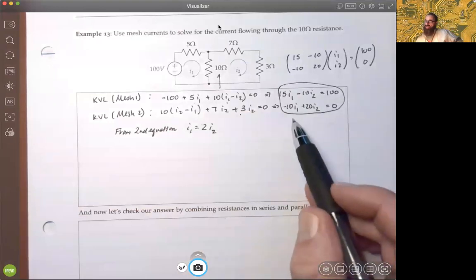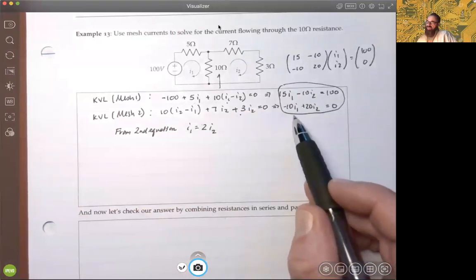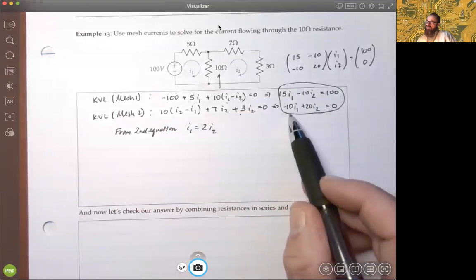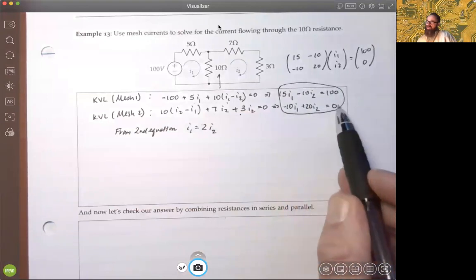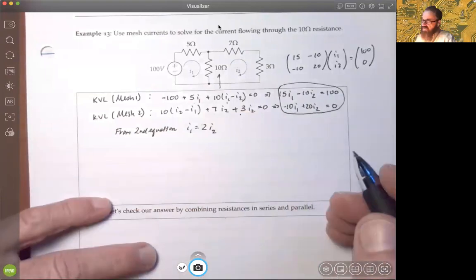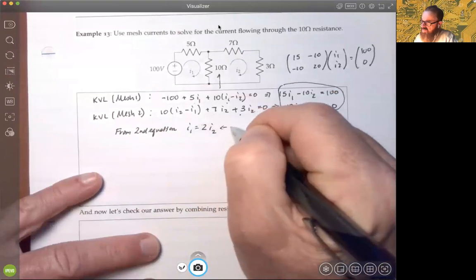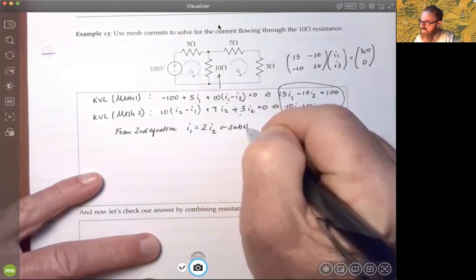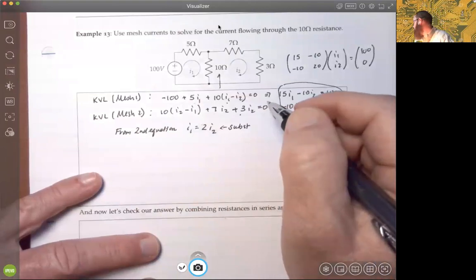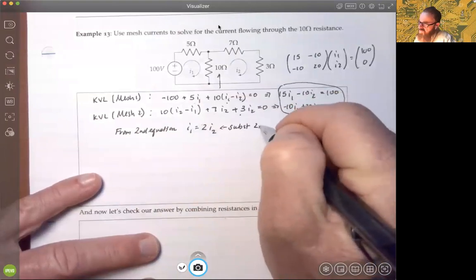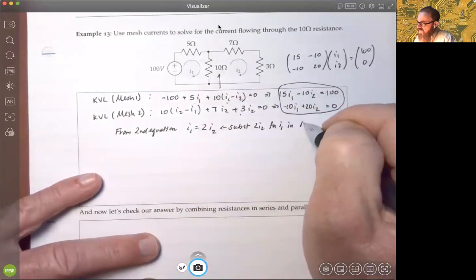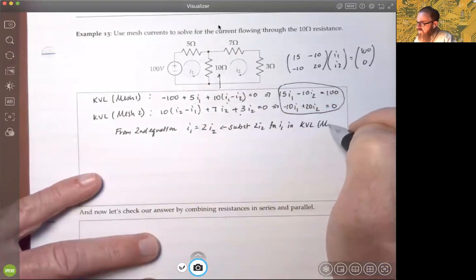Because if you take the negative 10 I1 to the other side, you could divide through by 10 and you would get this result. So that's very helpful, because now we can substitute this result. A couple of ways we could do it. We could substitute 2 I2 for I1 in the KVL mesh 1 equation.